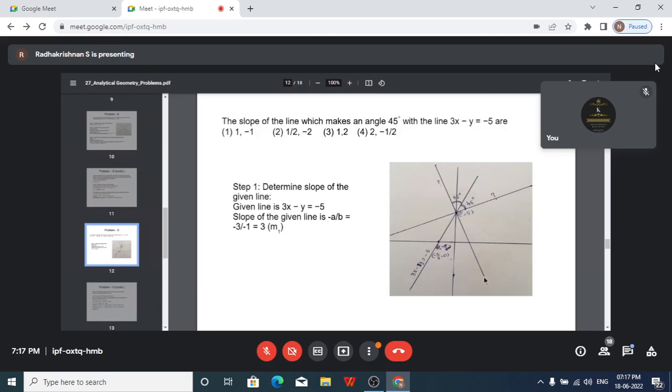From this diagram we can tell that option 1, 2 definitely cannot be there. In a similar way we can eliminate some options. So here anyway the correct answer is half comma minus 2, which is option 2.